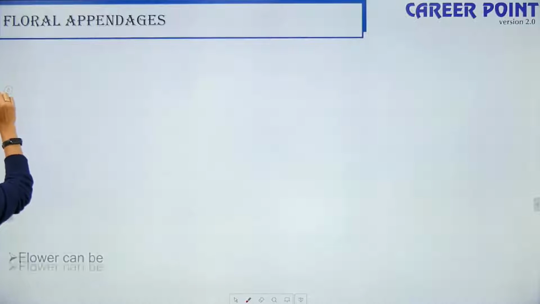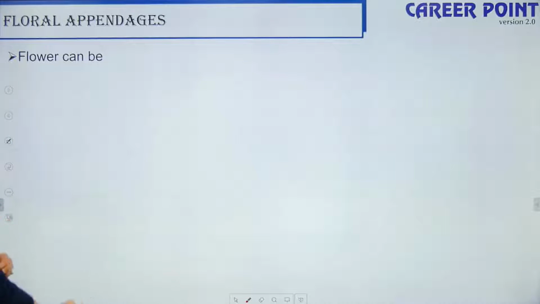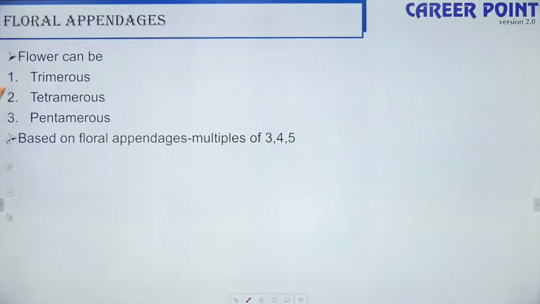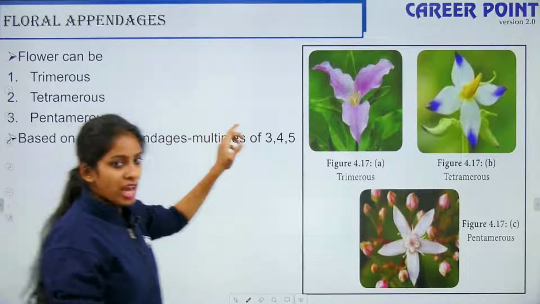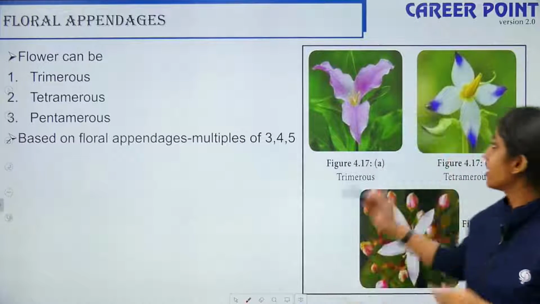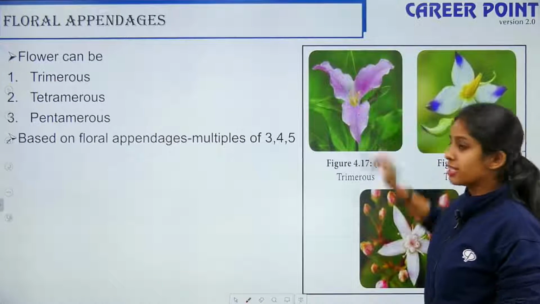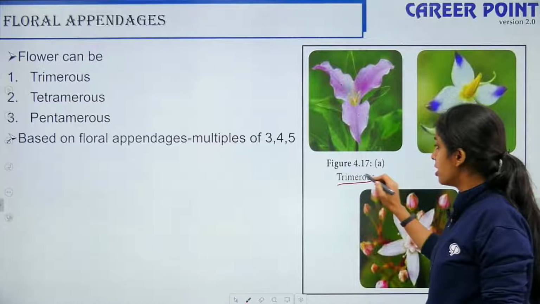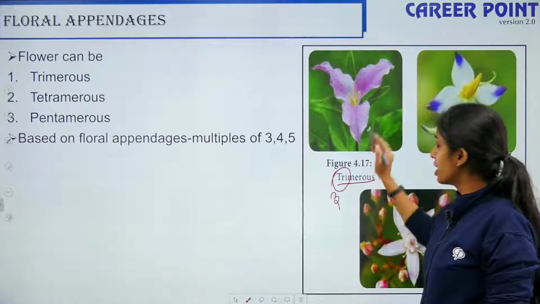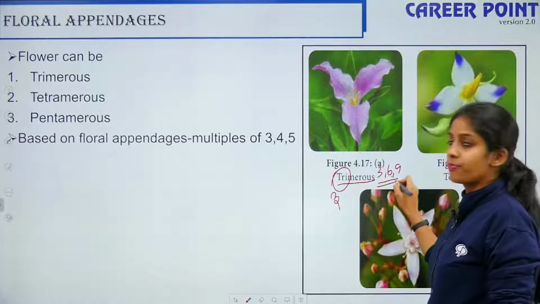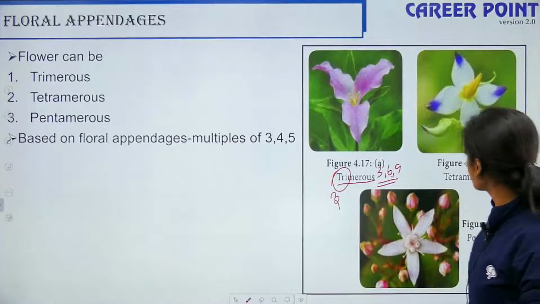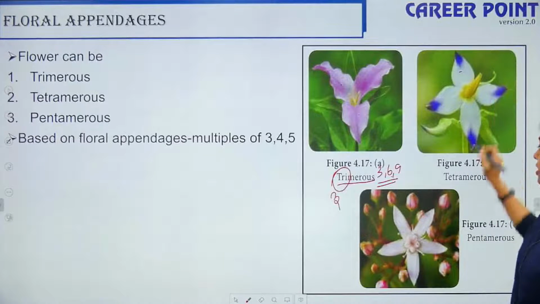Okay, so now coming back to our discussion. The floral appendages can be trimerous, tetramerous, pentamerous. So based on the floral appendages, you have multiples of 3, 4, 5. Now if you look at this picture, you have 3 petals, right? So this is trimerous. It is in multiples of 3. It will have either 3, 6, 9, etc. This has 4 petals, so it is tetramerous.